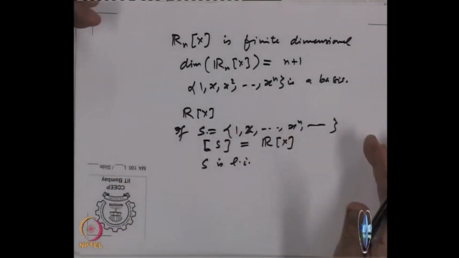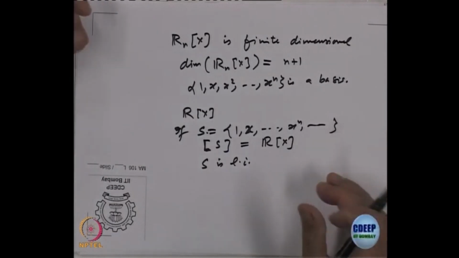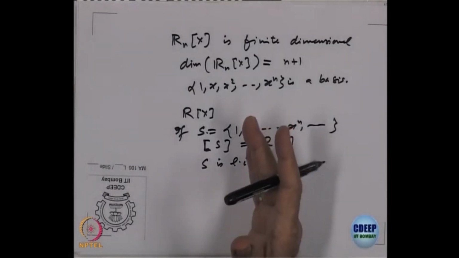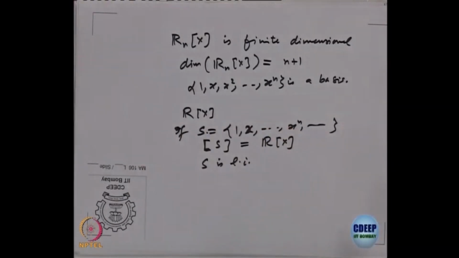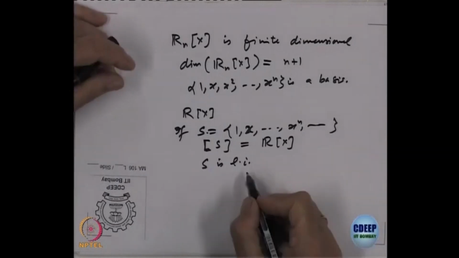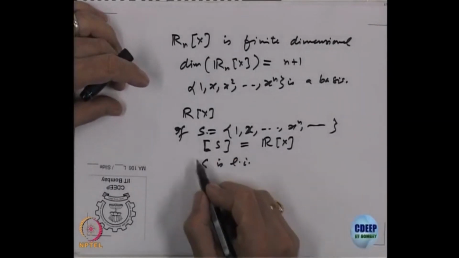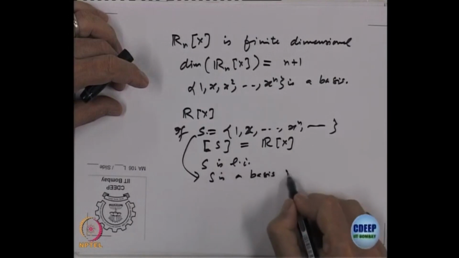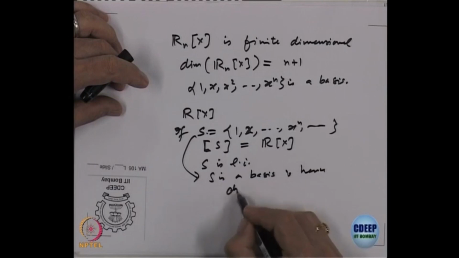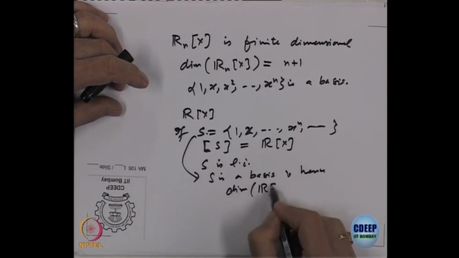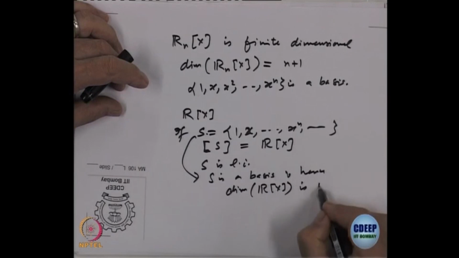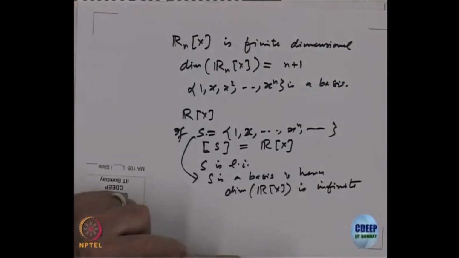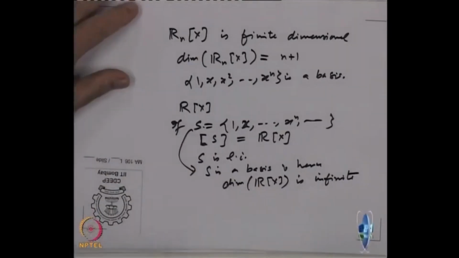Yes, because if I take a linear combination alpha 1 p 1 plus alpha 2 p 2 up to alpha k p k equal to 0, the left hand side will be a polynomial which is 0. So, all scalars must be equal to 0. Okay. So, this S is a basis, and hence the dimension of R x is infinite. So, that is an infinite dimensional vector space. Is it okay?